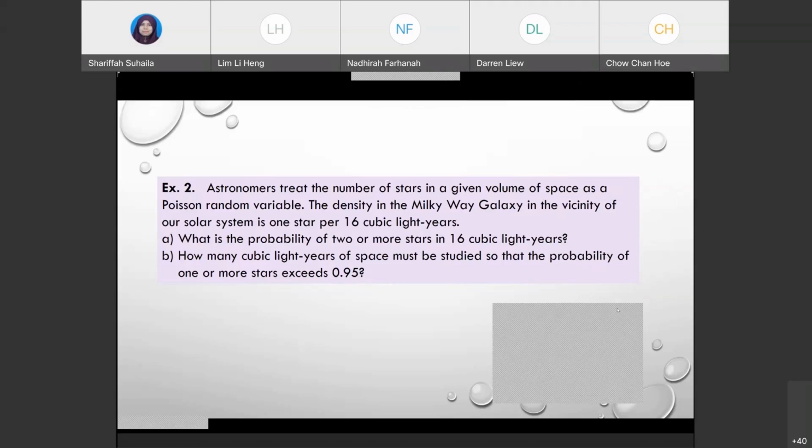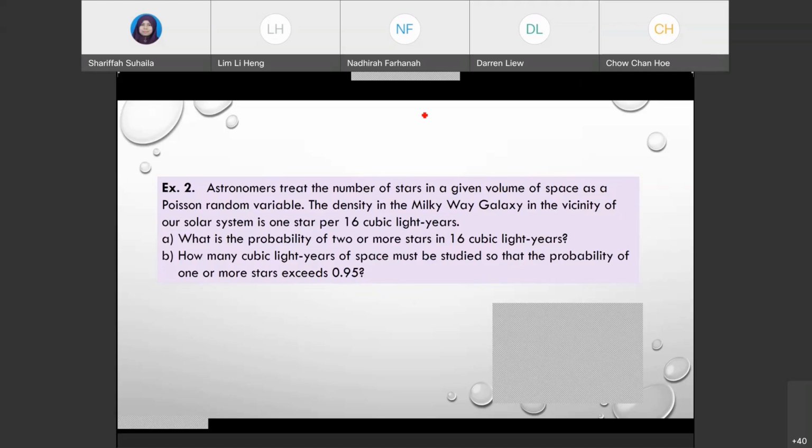Okay, okay, okay. So again, in this case, if you read the question carefully, given is 1 star per 16 cubic light years. So 16 cubic light years tu macam kamu punya volume lah. Okay, volume of your space tadi. So lambda in this case is 1.